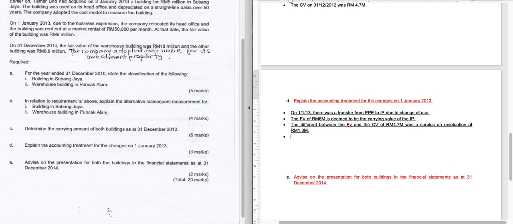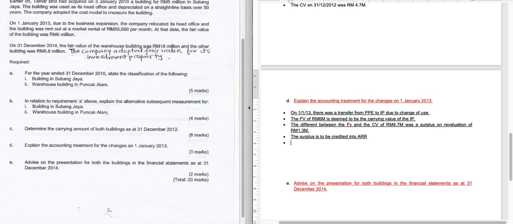So the surplus is to be credited into ARR. The accumulated depreciation on the PPE is to be eliminated.